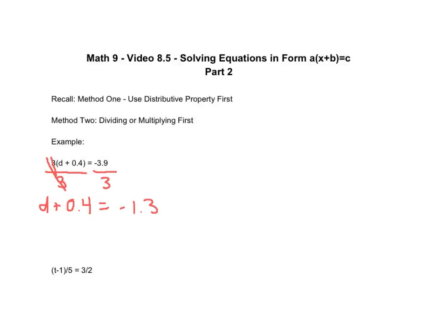We see that d is being added to 0.4, and therefore we're going to subtract 0.4. What we do to one side, we got to do to the other as well. So 0.4 minus 0.4 cancels out. We're just left with d on the left side, and on the right side we've got negative 1.3 minus 0.4. That brings us to negative 1.7. Okay, let's try another one.